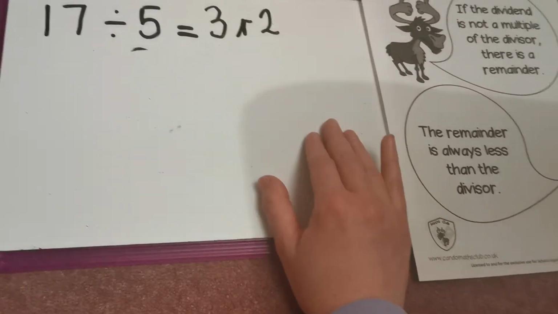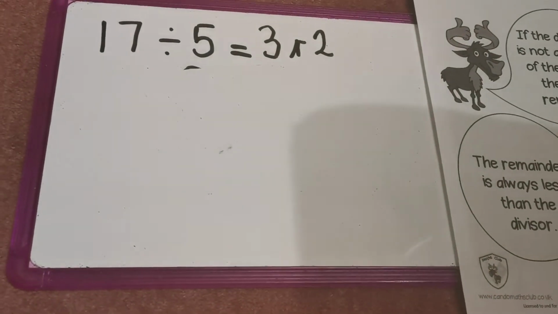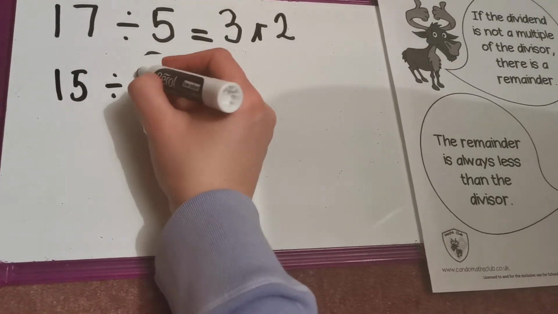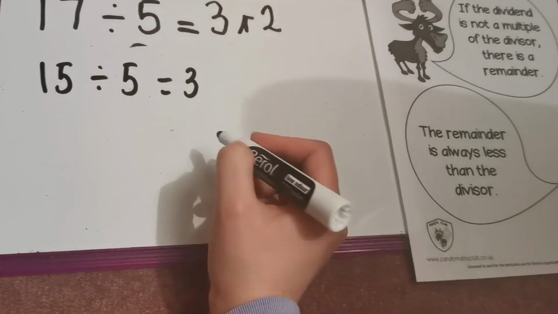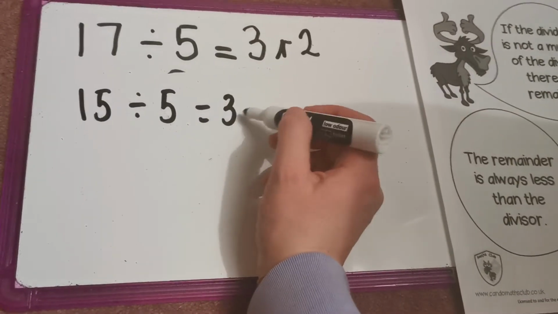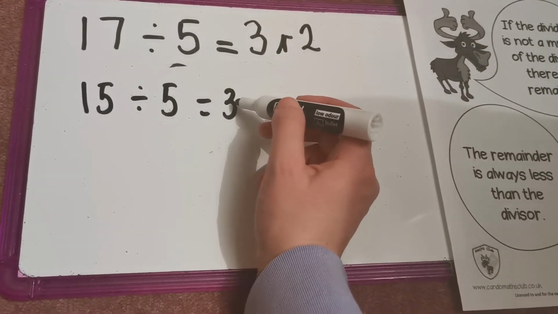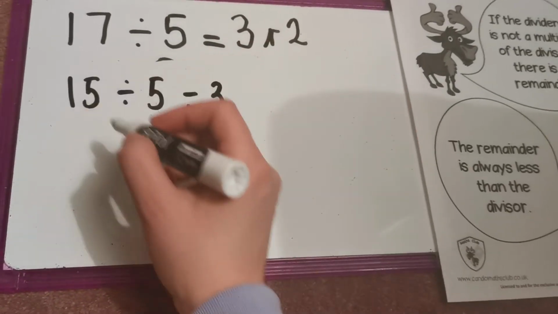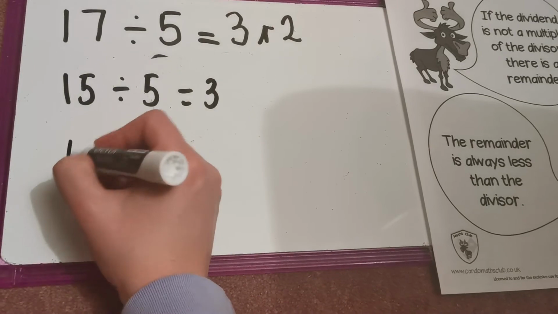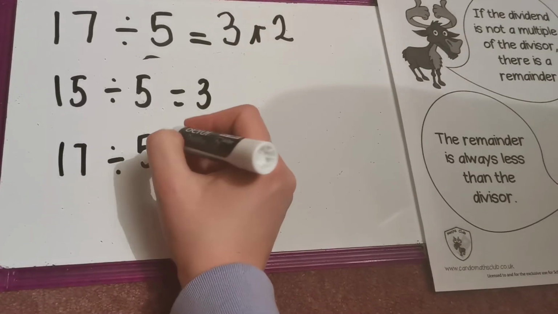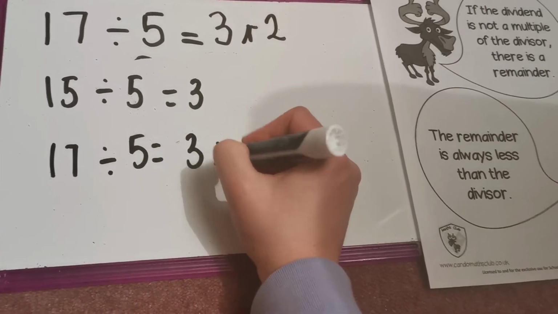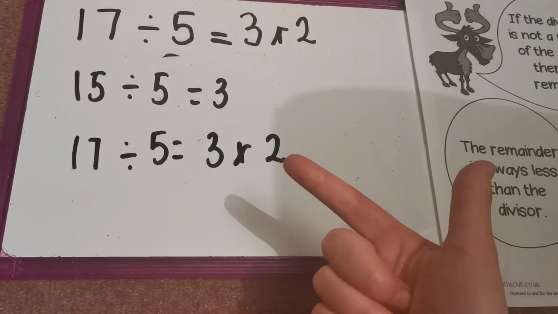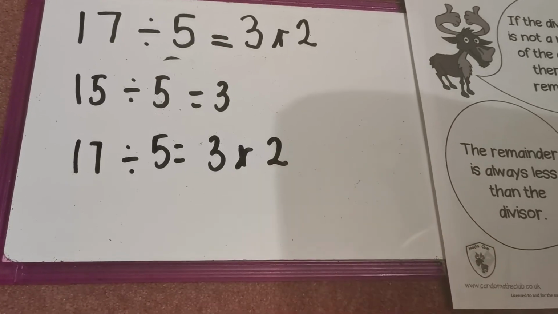There's not enough to make another group of 5, is there? So you could use your number facts to help you work out the answer. I know that I will definitely be able to make 3 groups of 5, but if I had 17, I'd have 2 left over. So it'd be 3, remainder 2, because 15, 16, 17, that's where the remainder bit comes from.